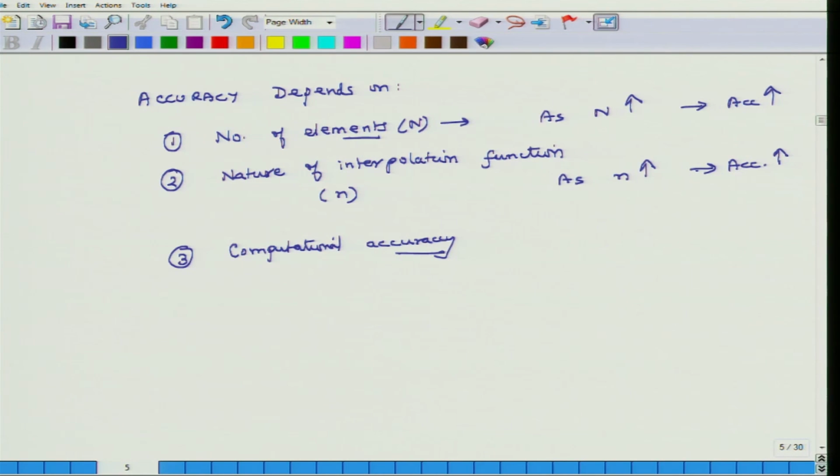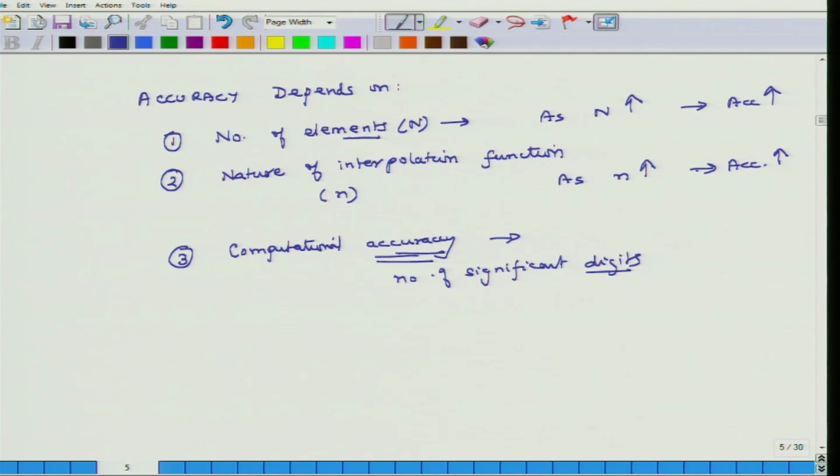So it depends on how many places of decimal you are evaluating each number. So the accuracy of the overall finite element solution also depends on this computational accuracy. This can be measured as number of significant digits. Okay, as this number goes up, so does accuracy.